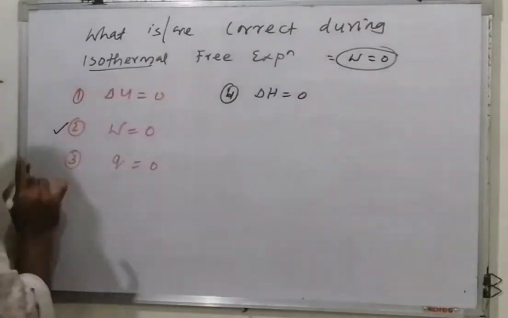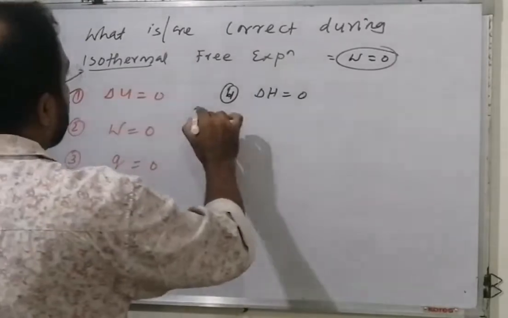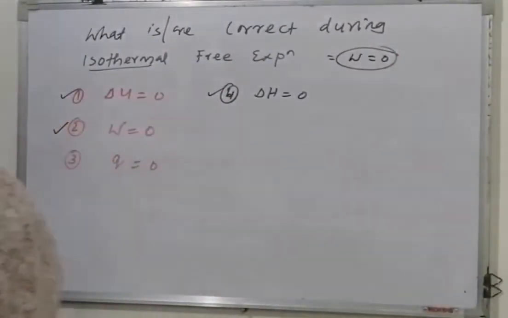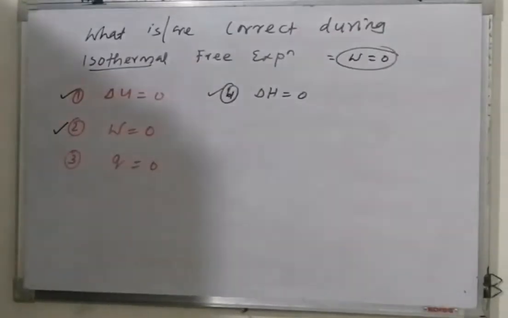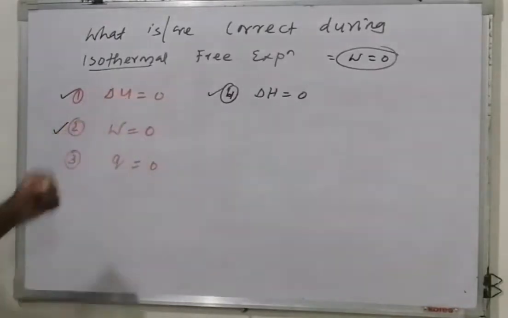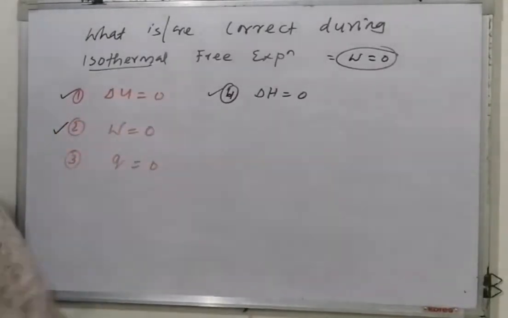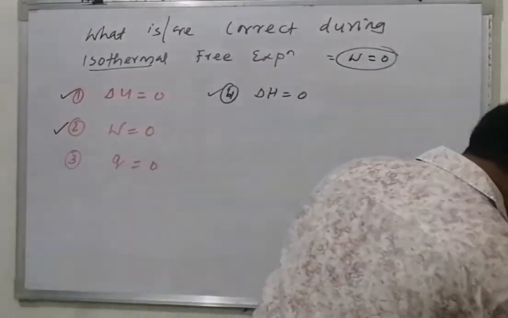Isothermal is mentioned, therefore delta U is equal to 0 and delta H is also 0. Delta U is equal to 0, W is equal to 0 and delta H is equal to 0. I think it's okay. Now we can go to another question.